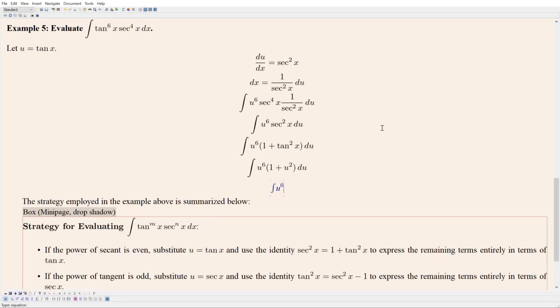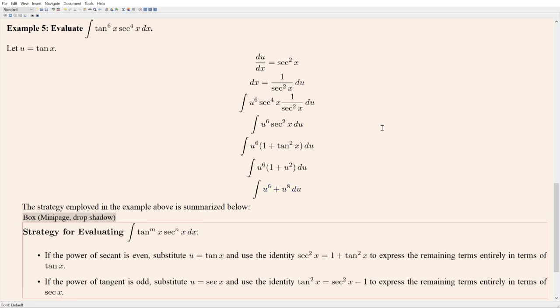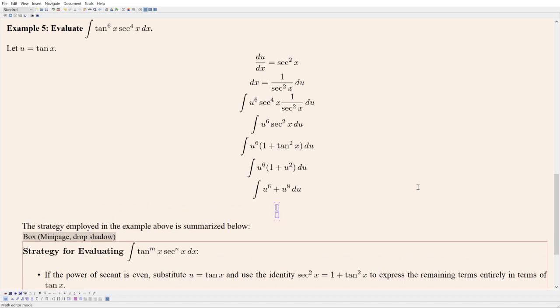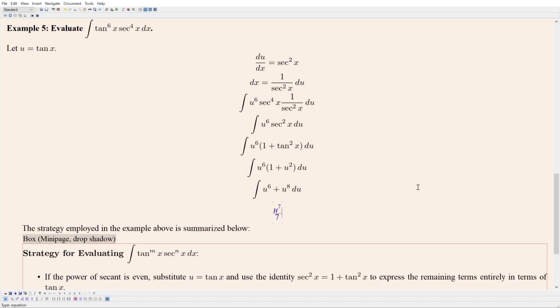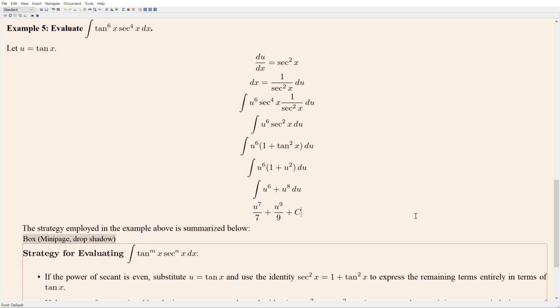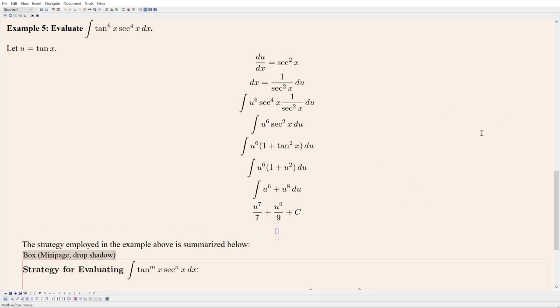Distribute the u to the power 6. And then hit it with the power rule. So u to the 7 over 7 plus u to the 9 over 9. And then finally, u is equal to tangent.